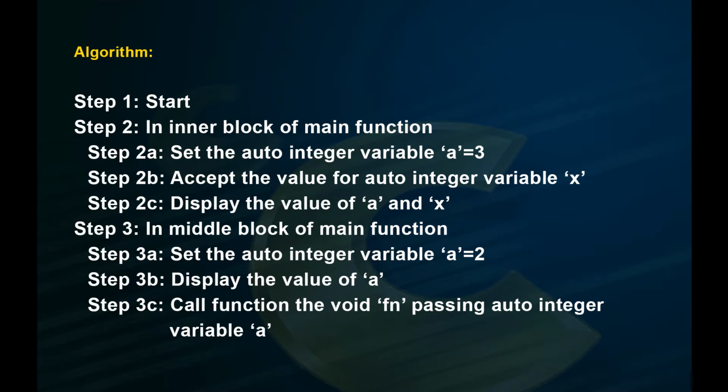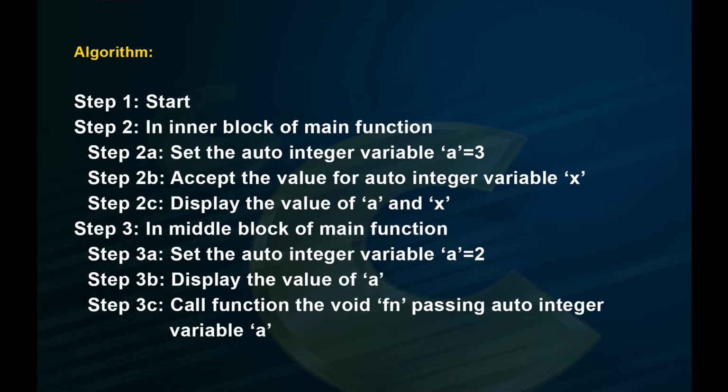Step 1, start. Step 2, in inner block of main function: step 2a, set the auto integer variable a equal to 3. Step 2b, accept the value for auto integer variable x. Step 2c, display the value of a and x.